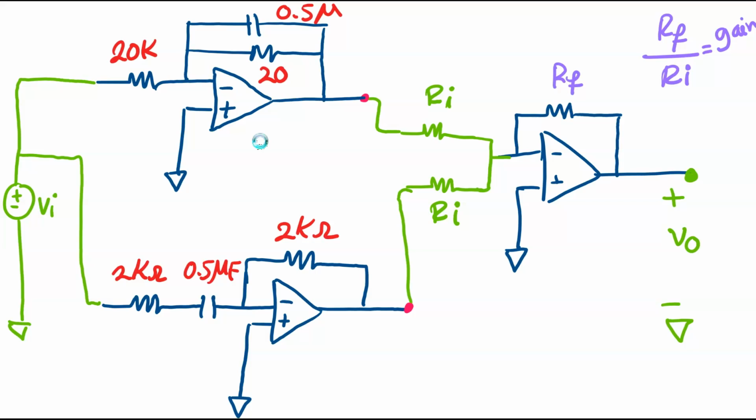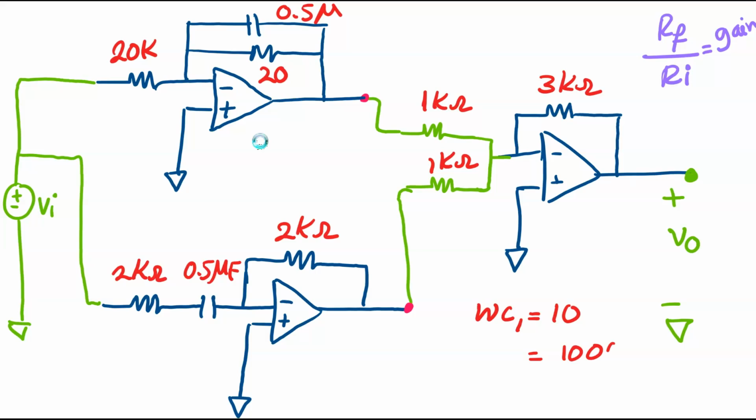I selected my RI to be 1 kilo ohm and my RF to be 3 kilo ohm. So this is going to be my band reject filter, which has cutoff frequencies equal to 100 and 1000 with a gain equal to 3.